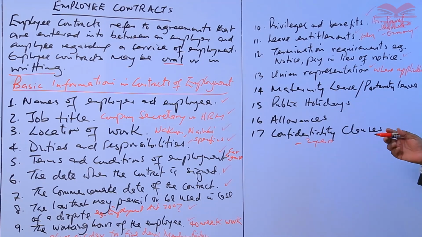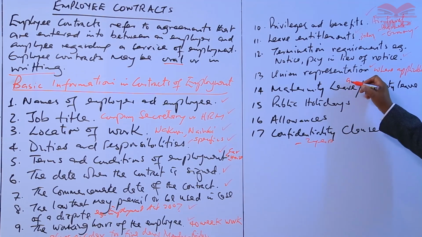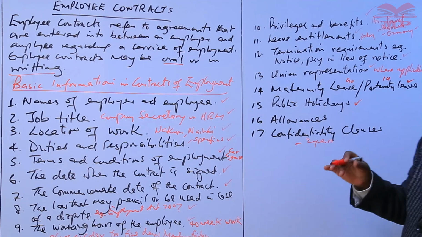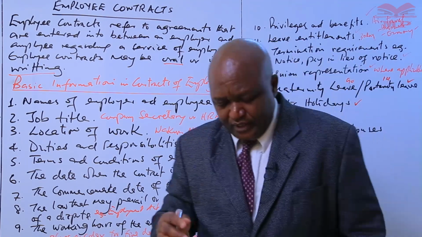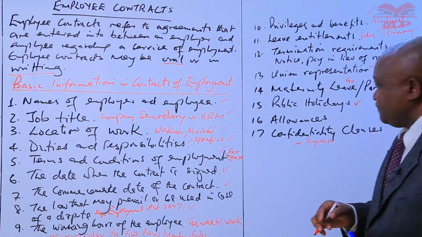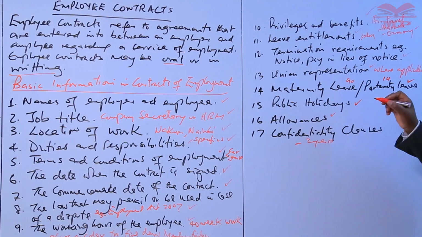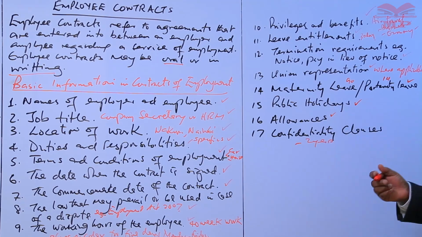Maternity leave, if the employee is entitled, for example, to 90 days, maternity leave, and maybe 14 days, maybe paternity leave, that should also be indicated. The public holidays should be indicated that in any given one calendar year, this particular employee is able to enjoy the public holidays, then allowances due, then confidentiality clauses.